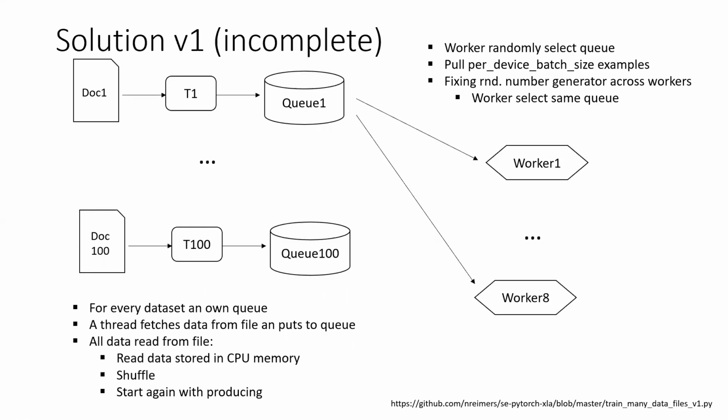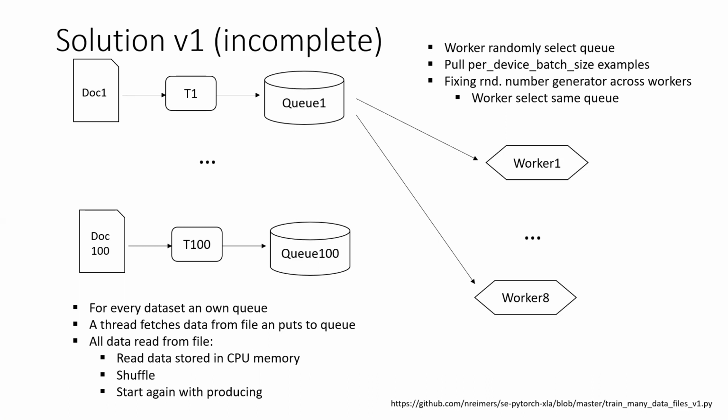So in the repository, you find two solutions for how we can do this multi-dataset lazy loading with different weights. Version 1 is incomplete, so it only supports the 2-column format, not the 3-column format. And version 2 is a bit more sophisticated, which I added today, and which also supports all the desired properties we want to have.